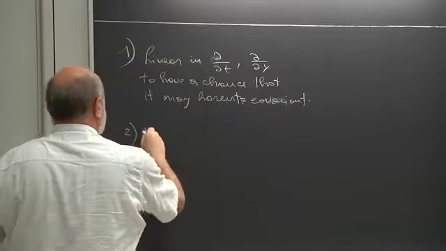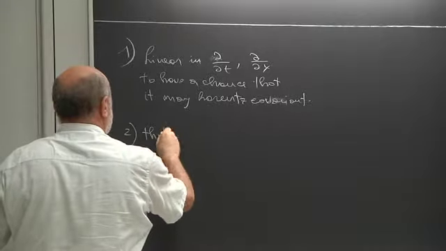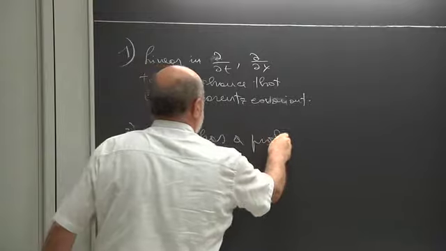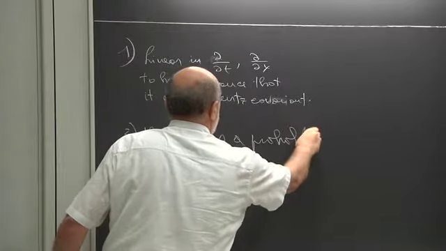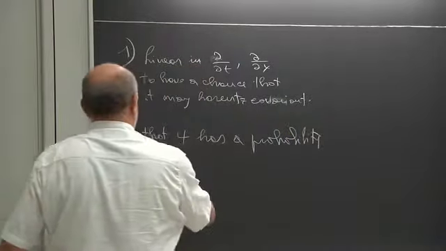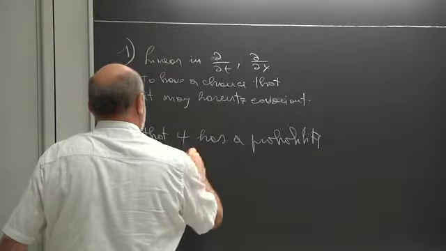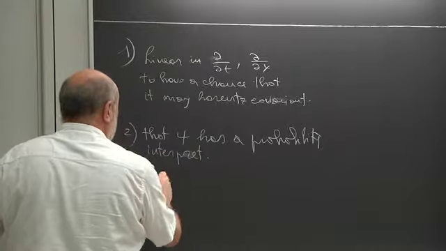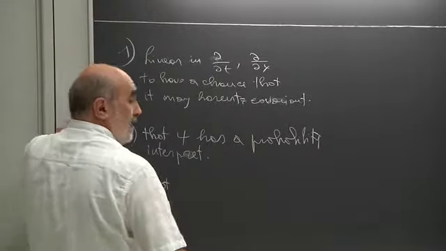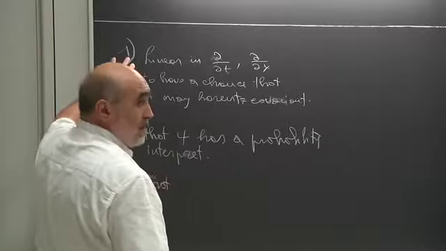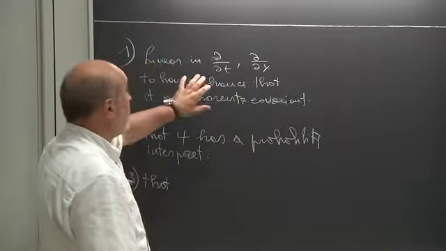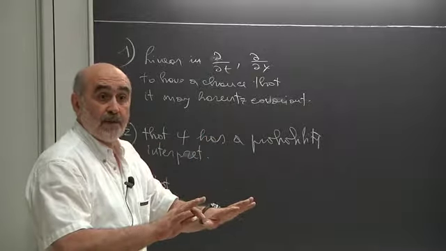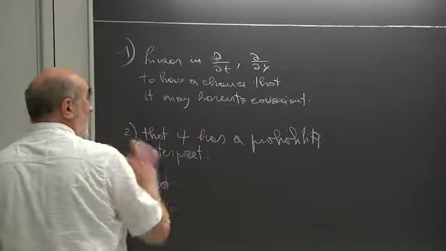Second, that psi has a probability interpretation. Third, and so these are the three requirements. We have written these down, and as it is linear in the derivative of x, there is a chance that it's Lorentz covariant, but we have not seen. So these are the only three requirements.